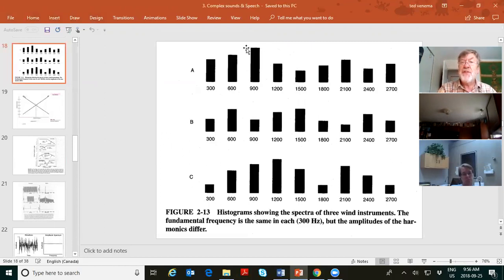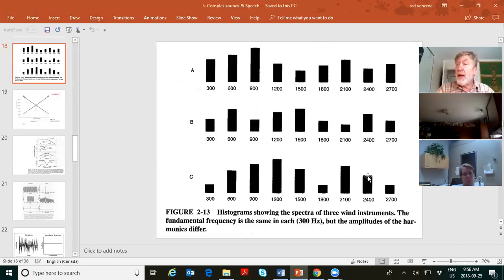This one has a resonance here, and then it doesn't here, and then it has another resonance here. The middle one has a little resonance here, and another little resonance here, and another here. And the bottom one has a great big resonance here, and then down, and then another larger resonance here. This is what's going to give the instruments different timbre, different quality.